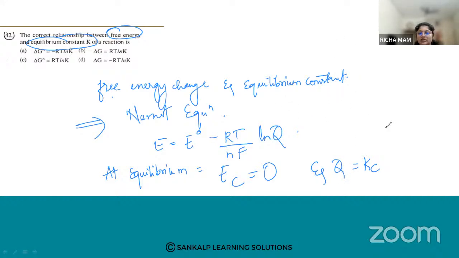So E will be 0. So E naught will be equal to RT by NF ln of Q, which is Kc. So it is your equilibrium constant K. Now we know that delta G naught is equal to minus NF E naught, right?